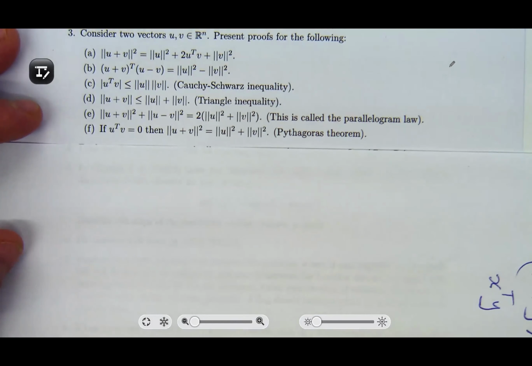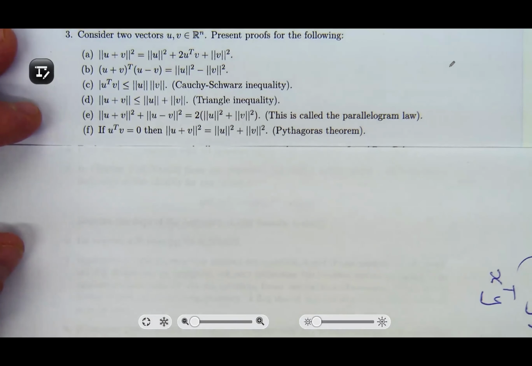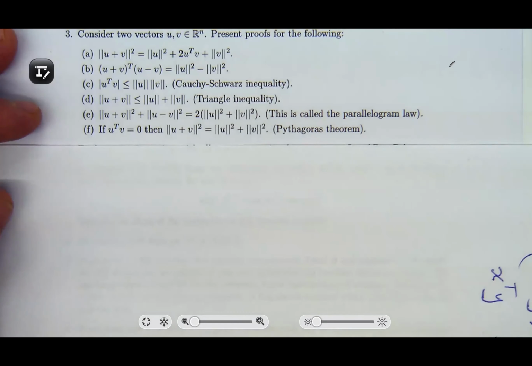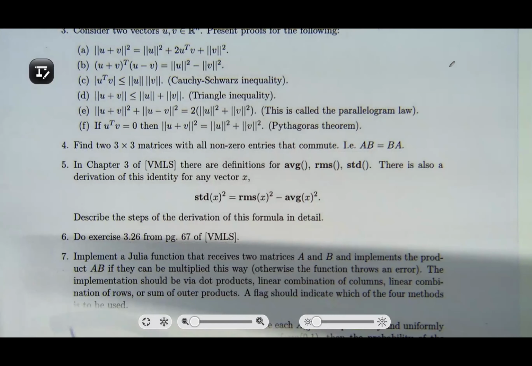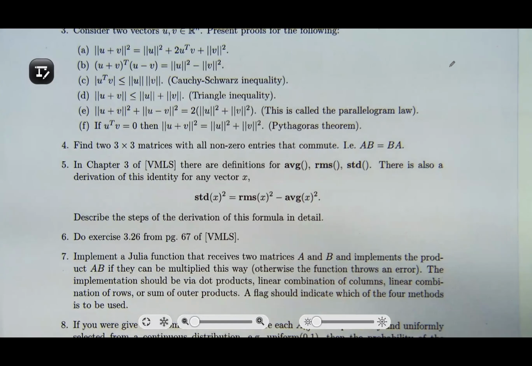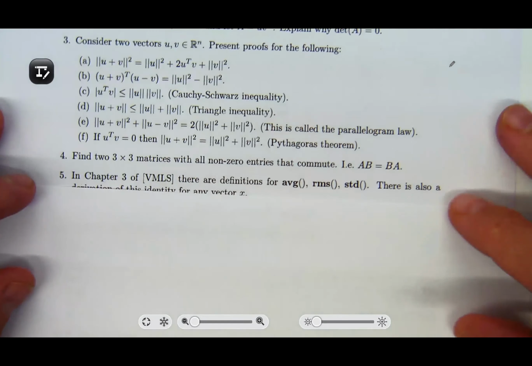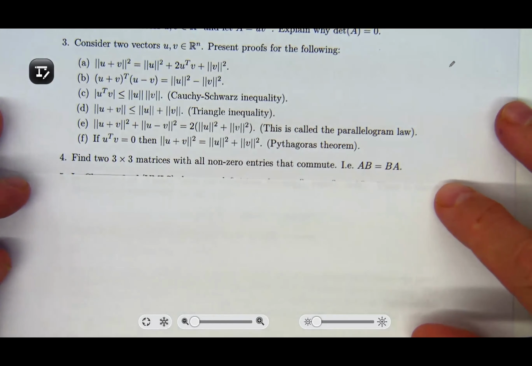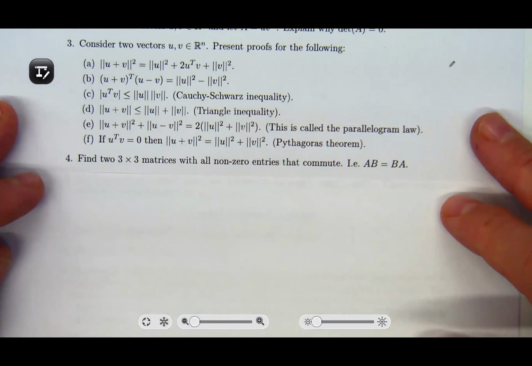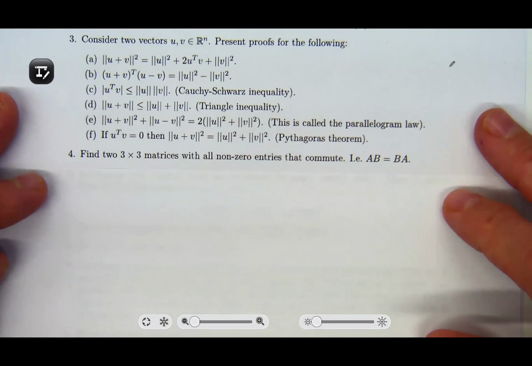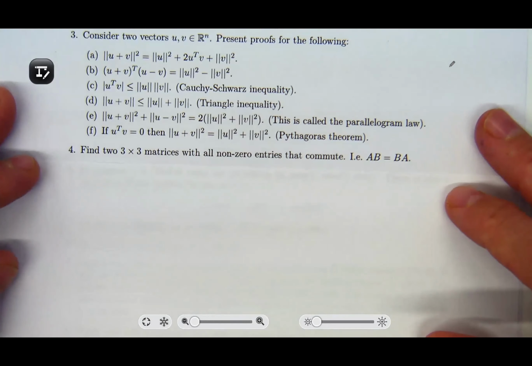So I think it's time to move on to another problem to talk about, okay? So let's have a look at question 4. Okay, find two 3x3 matrices with all non-zero entries that commute.